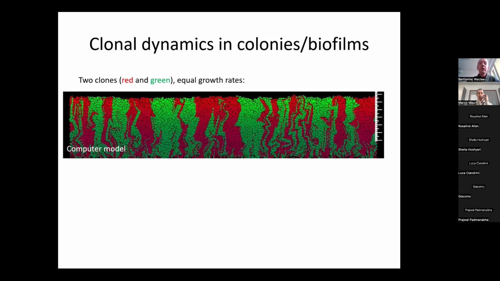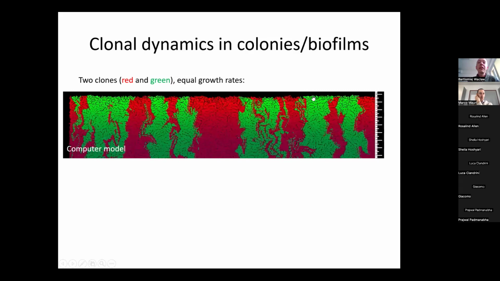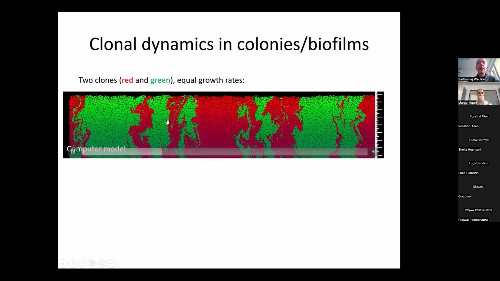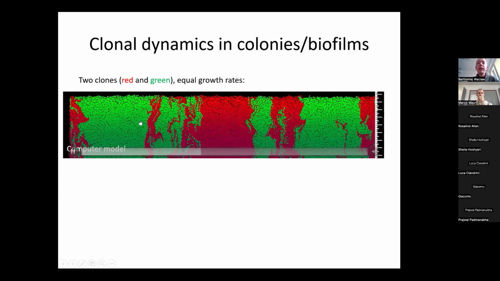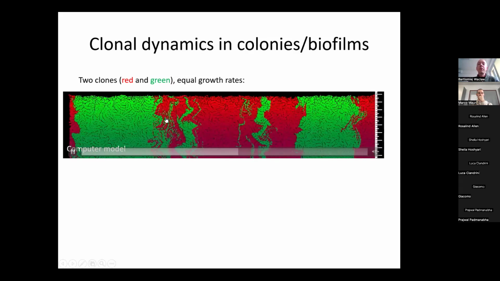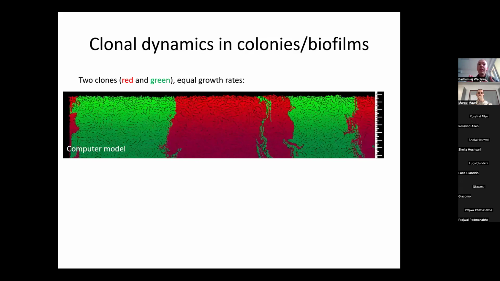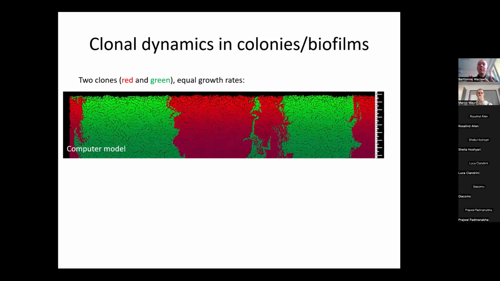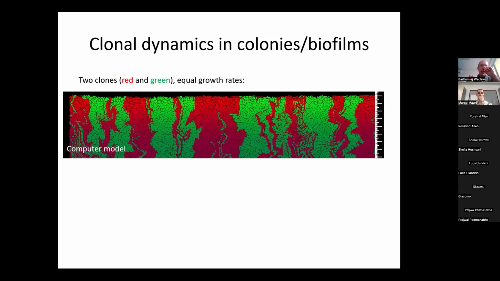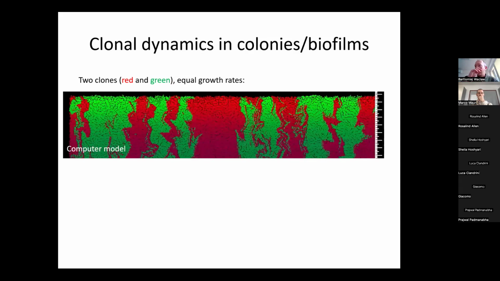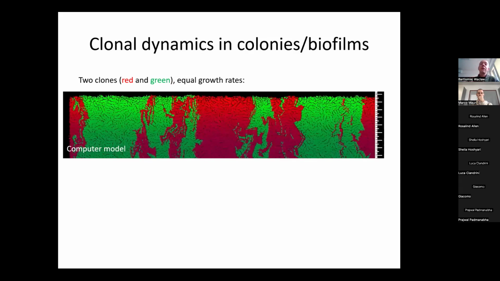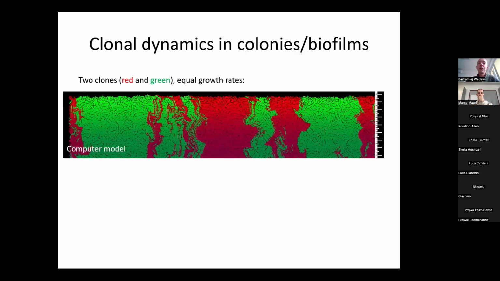And you can see that these red and green sectors formed by the two clones sort of grow or shrink depending on the lag, basically, because there is no asymmetry here in the growth rate. And eventually, if we wait long enough, only very few of these clonal sectors will survive.